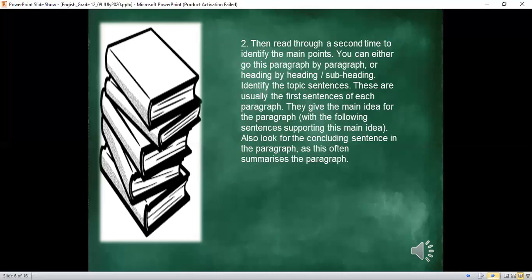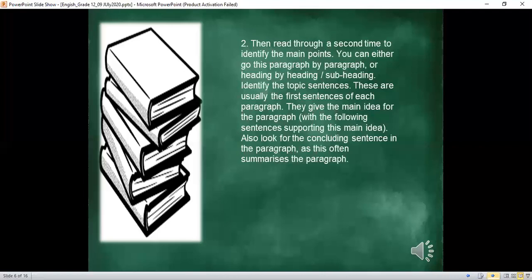After reading the first time, you get the general idea. The second time, you go there specifically to identify the main points. Now, there are many ways that you can go about doing this, but the simplest one, which would allow you to get a grasp of this easily, is just going paragraph by paragraph.